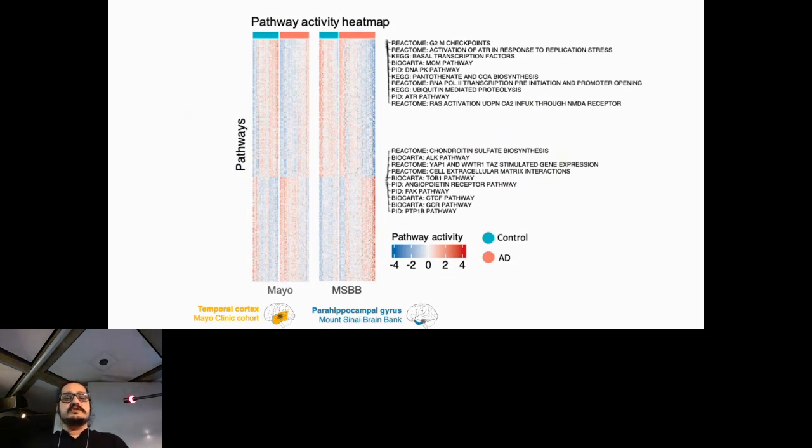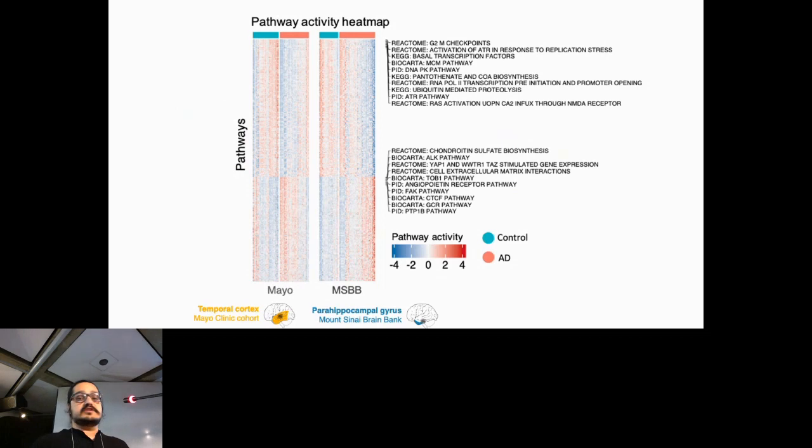I will not go through the detail of how many of these pathways are actually known as key pathways of Alzheimer's disease. But I want to explain that by using the dysregulation metric of pathways between cases and controls across data sets, we can actually establish a measure of similarity.